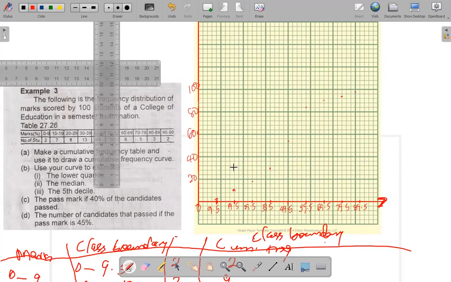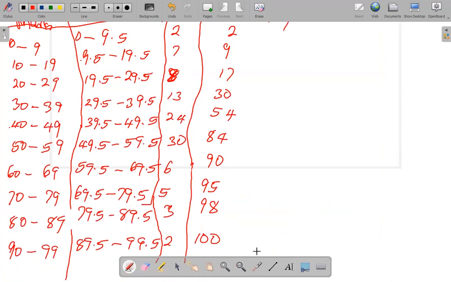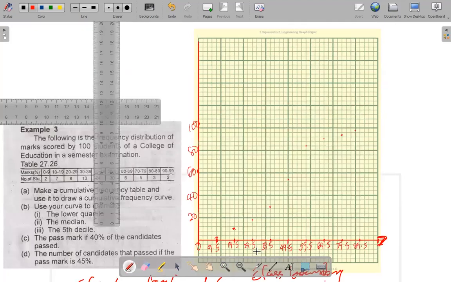And then finally, count 4 again. 1, 2, 3, 4. The final marker. The cumulative frequency should be 100. We'll trace it to 100. This is right here. Okay.